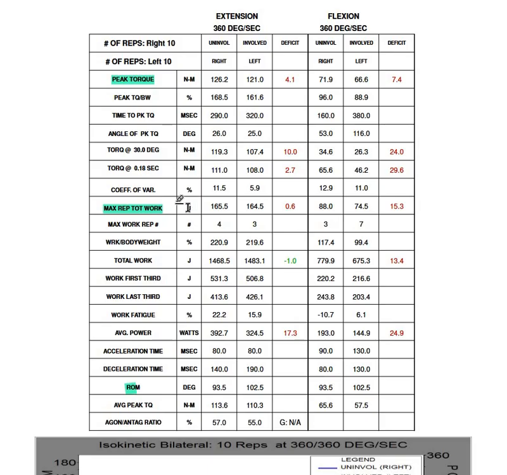Like linear work, angular torque work is measured in joules, and we have various different measurements which are presented here.